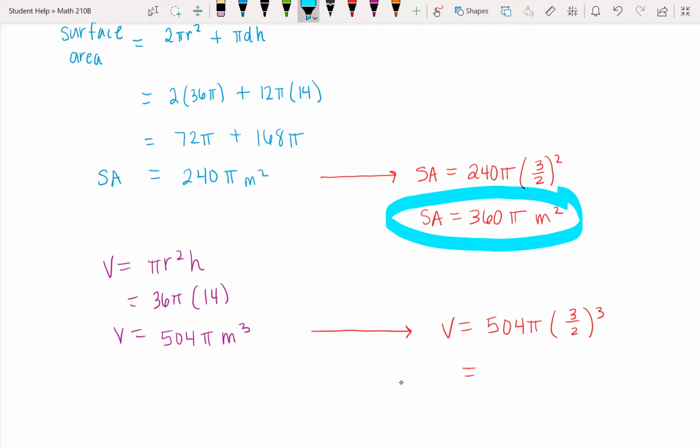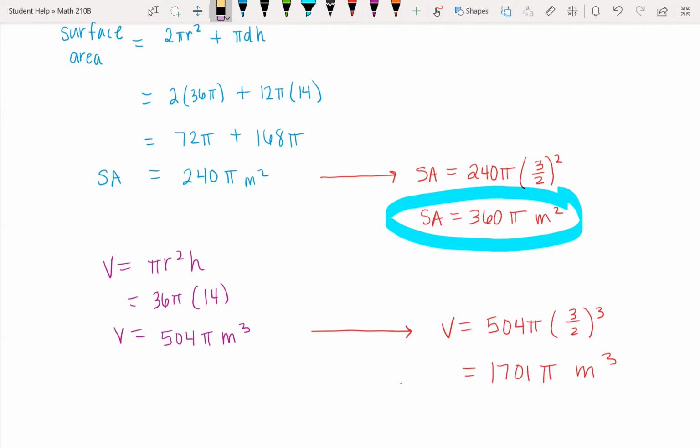This should be 1701 pi meters cubed. Let me just double check that, 504. Yeah, okay.